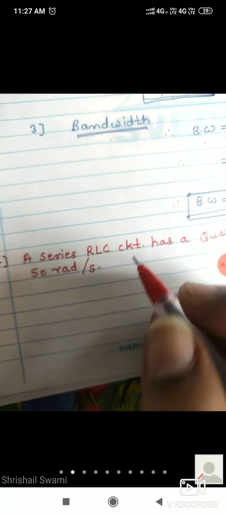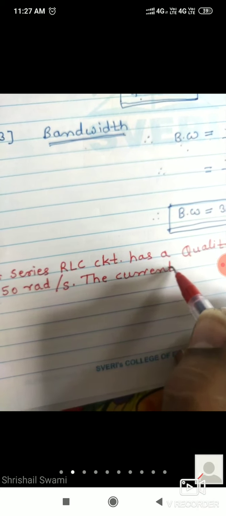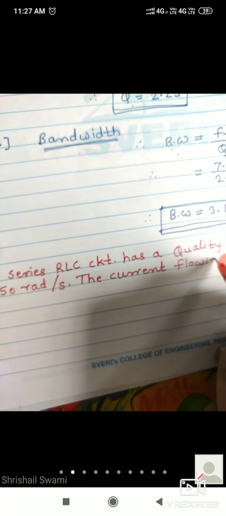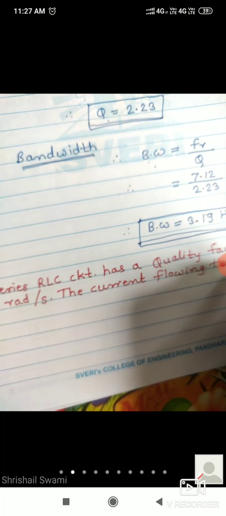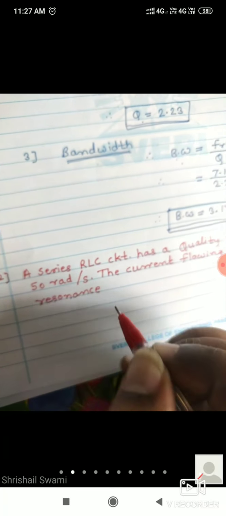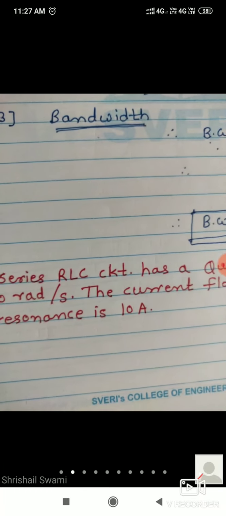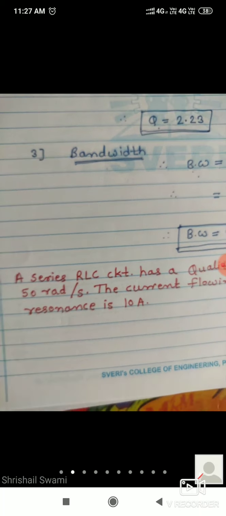The current flowing through the circuit at resonance is 10 ampere, and the supply voltage is 100 volt.